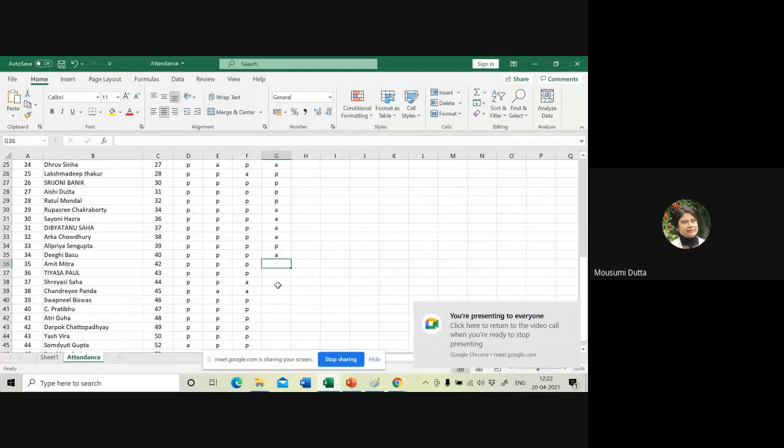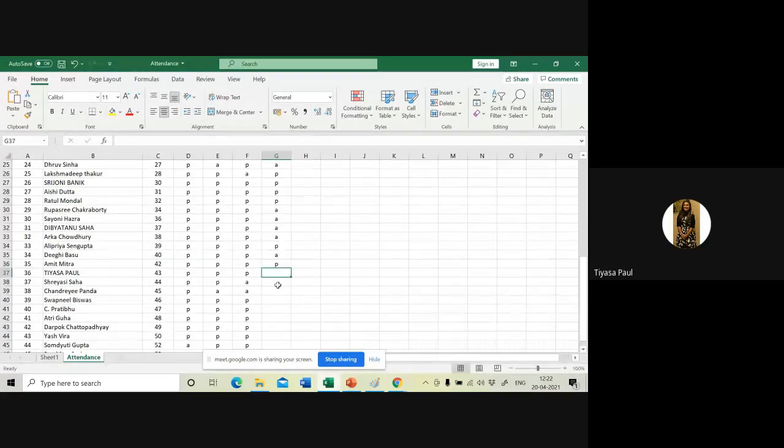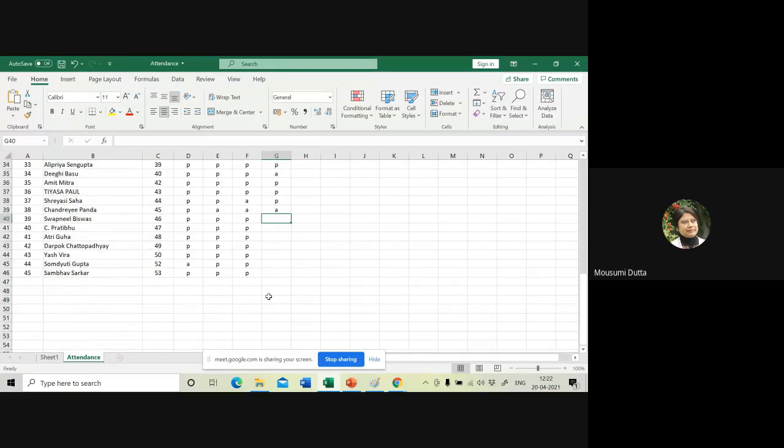Amit, yes, ma'am. Yasha, present, ma'am. Shreyoshi, present, ma'am. Swapnil, present, ma'am.